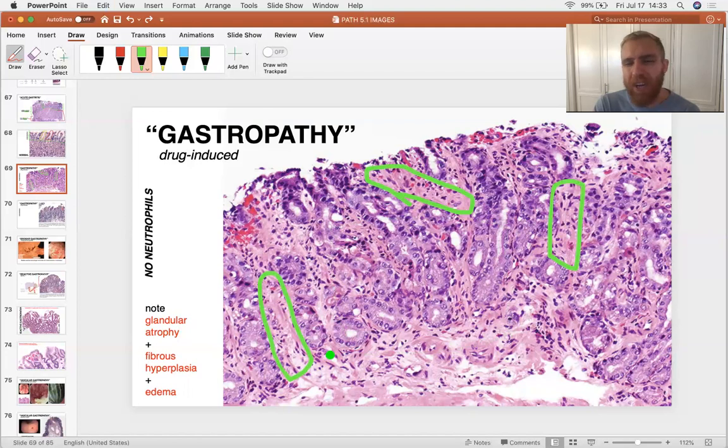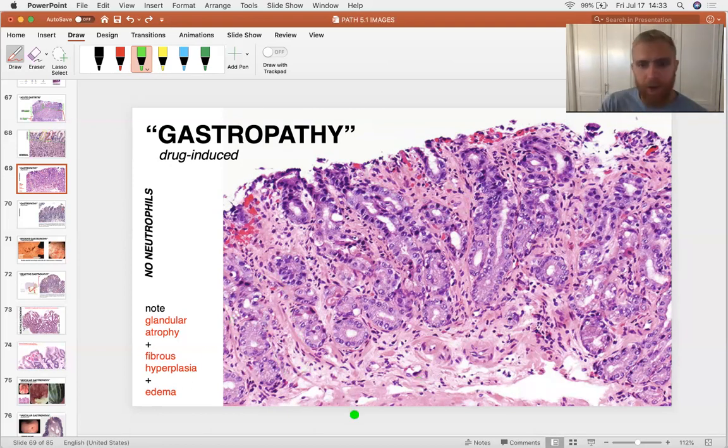But what do we not see? Is there anything that you think you would see in an inflammation that you're not seeing here? And that's neutrophils. You're really not seeing a lot of neutrophils or lymphocytes at all. Your immune response is very barren here. So that's what clues you in, oh, this is a gastropathy.